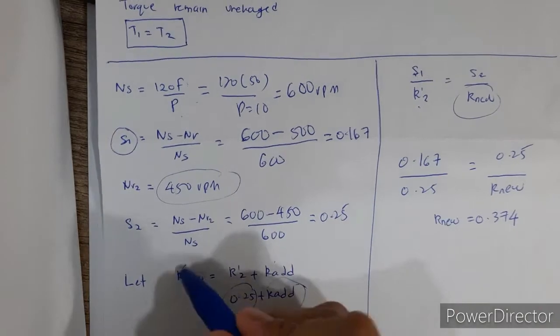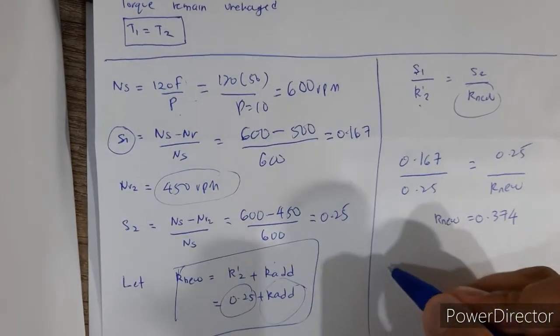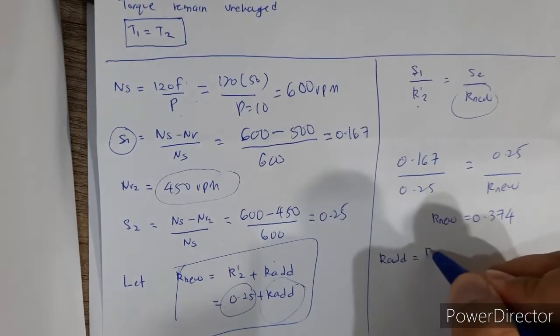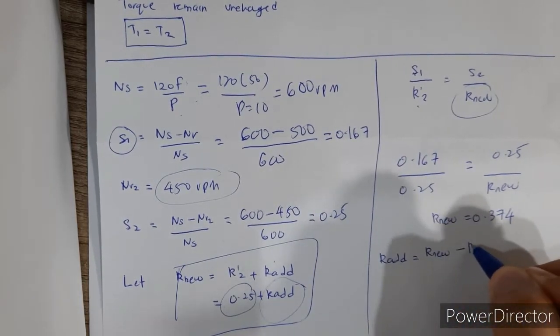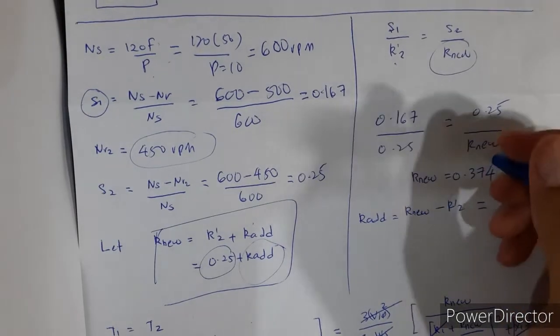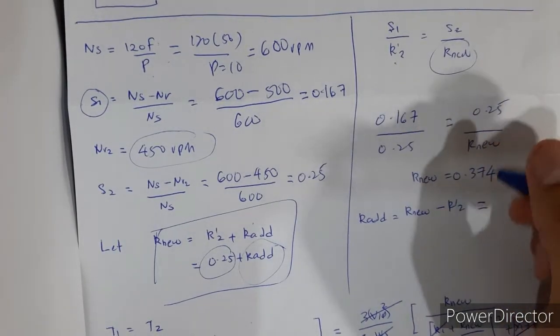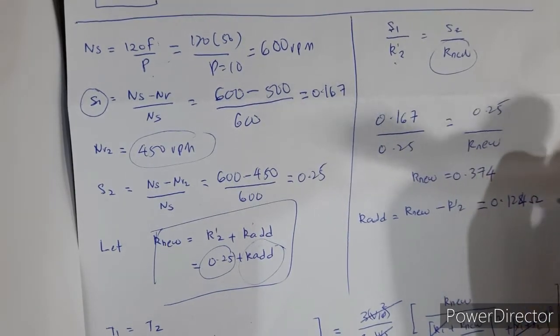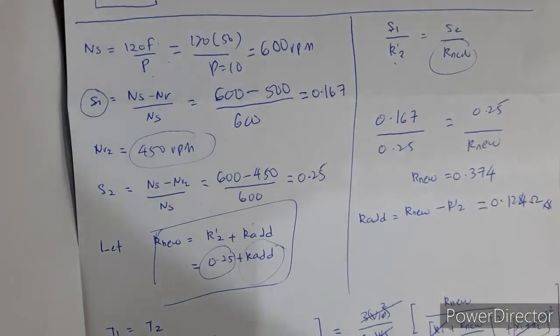Based on this equation, we can determine R add. R add equals R new minus R'2, which will be equal to 0.12524 ohm.